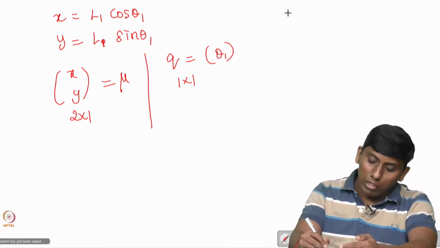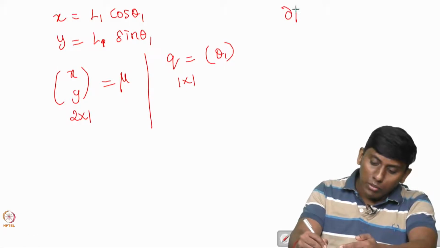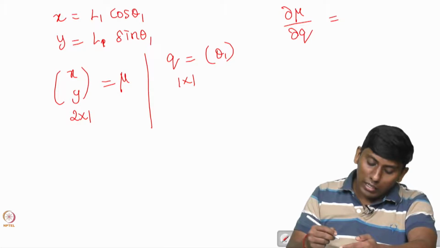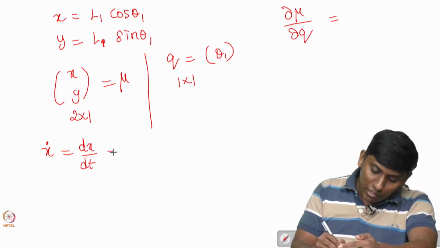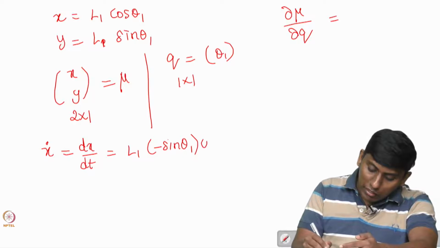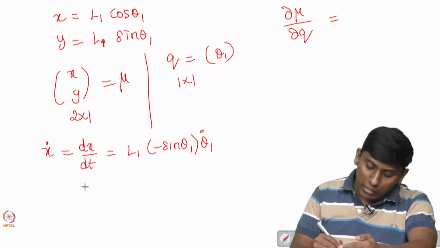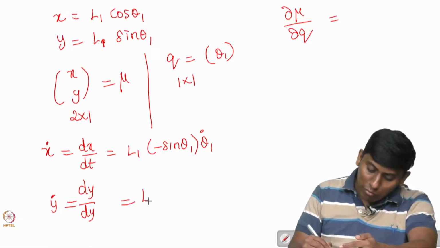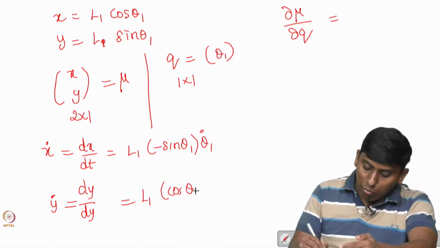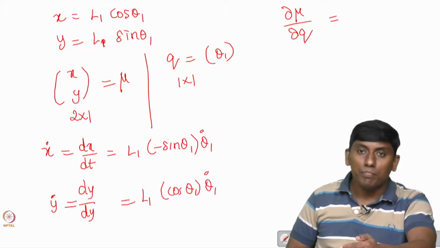What I wanted is dou mu by dou q. So I'll write x dot, which is nothing but dx by dt, which is L1 times minus sin theta 1 and theta 1 dot. And dy by dt, which I call y dot, dot means differentiation, so cos theta 1 and theta 1 dot.